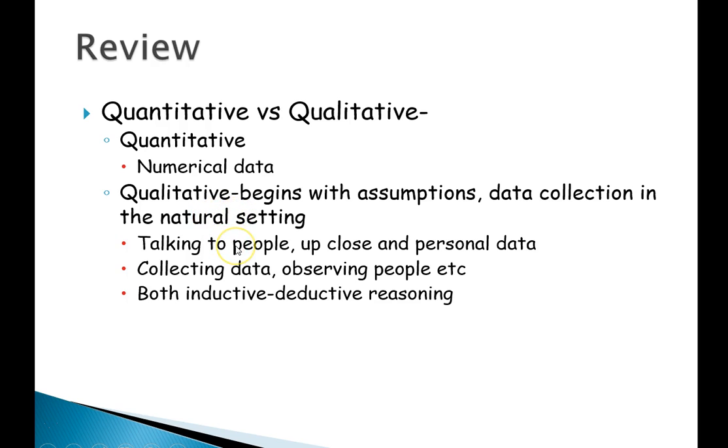In other words, it's talking to people up close, and it's a more personal one-on-one interview. It's collecting data that you're observing while you're in the field. You could possibly be just in the field watching, as we talked about, but it's more in the natural setting, and it's more personal and involves more in depth on your actual elements that you're studying, and it can be both inductive and deductive.